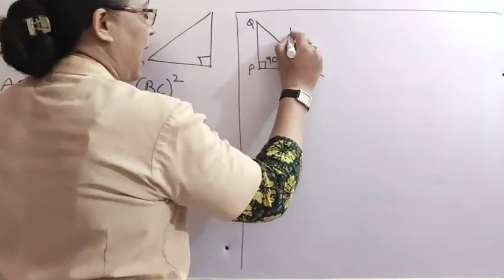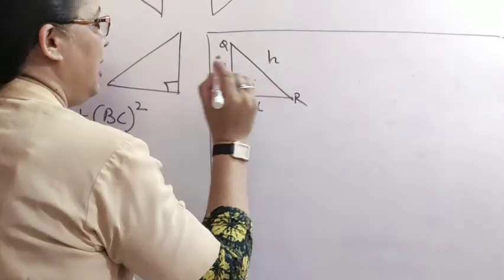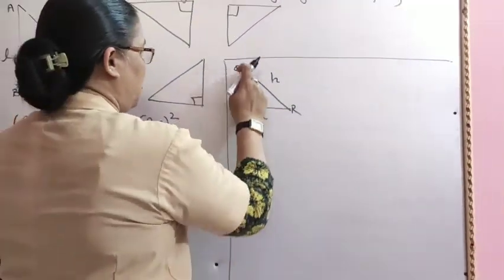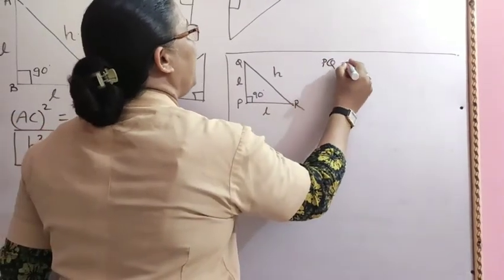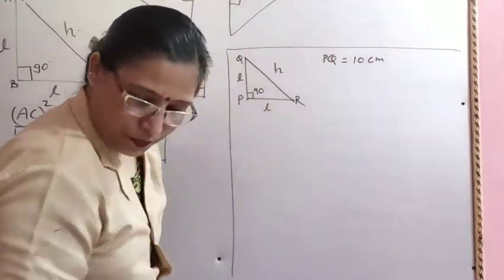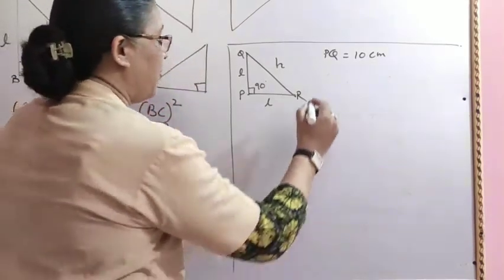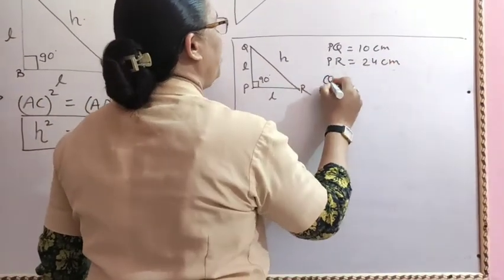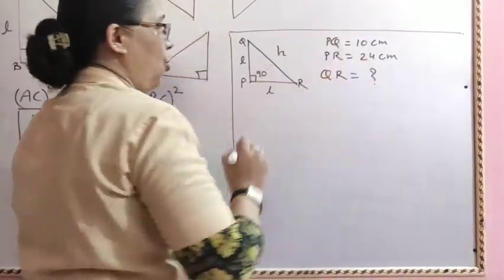Obviously this side is the hypotenuse and these are the legs. Here PQ is given as 10 centimeter and PR is given as 24 centimeter, and we have to find QR. What is the length of QR?